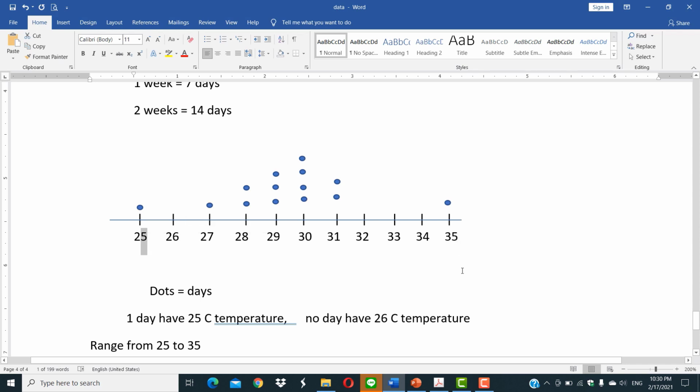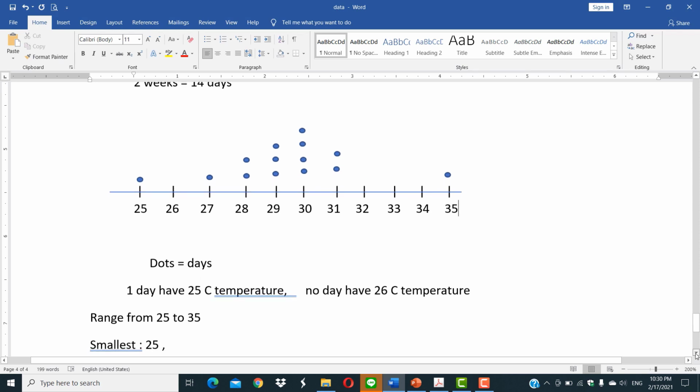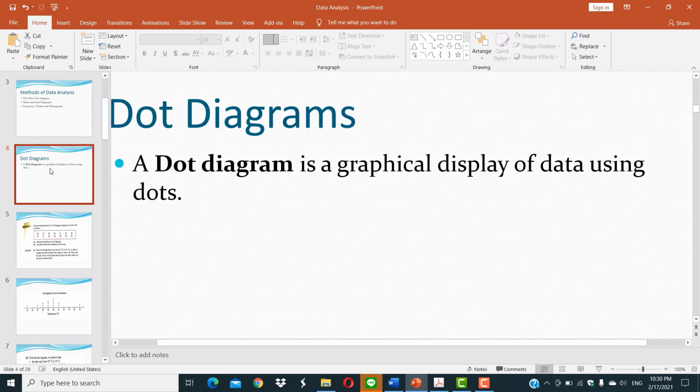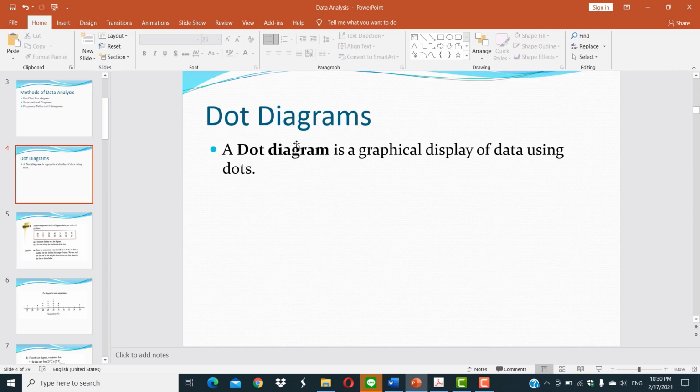Then the smallest is 25 and the largest is 35. This one is called a dot plot or dot diagram.